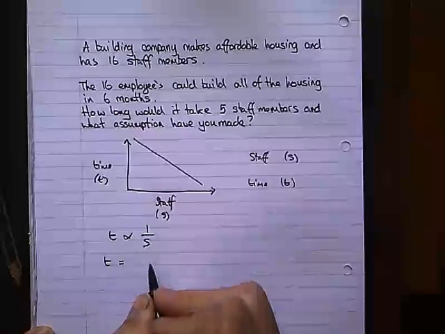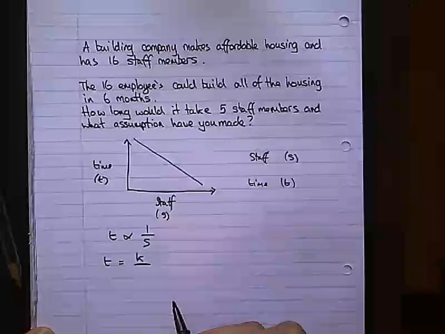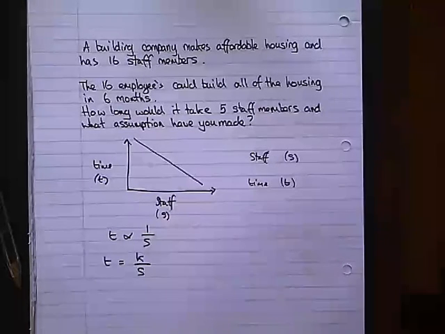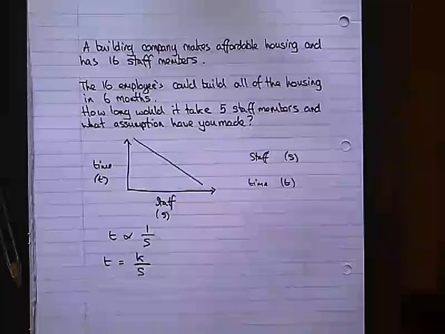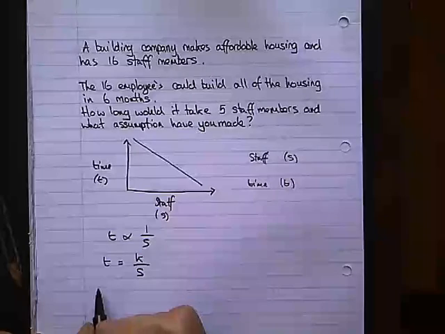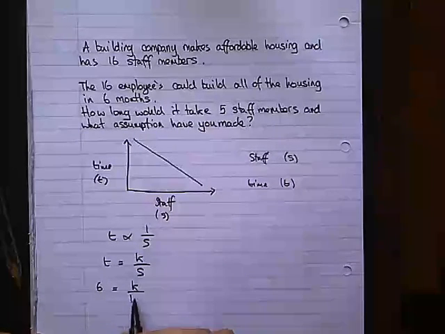So time, the time it takes, the constant on the top, which we need to work out, and the number of staff on the bottom. Now they've told us it takes 6 months for 16 employees to build this house. So the time taken, 6 months, and the number of employees is 16.